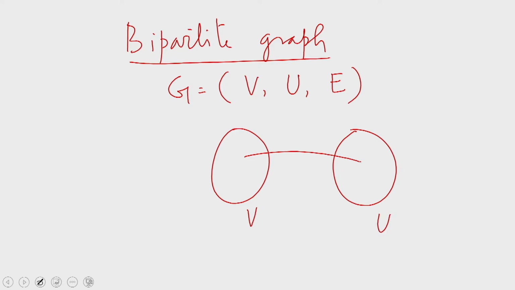The graph cannot have an edge between two vertices belonging to the same set. That is, two vertices belonging to V cannot have an edge between them, and two vertices belonging to U cannot have an edge between them. So, such a graph is a bipartite graph.